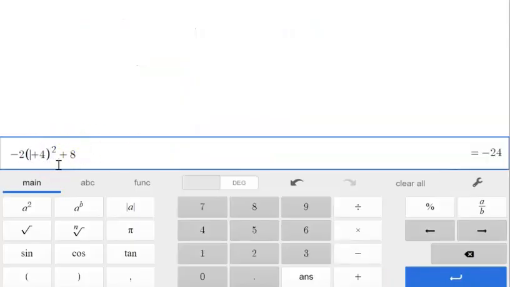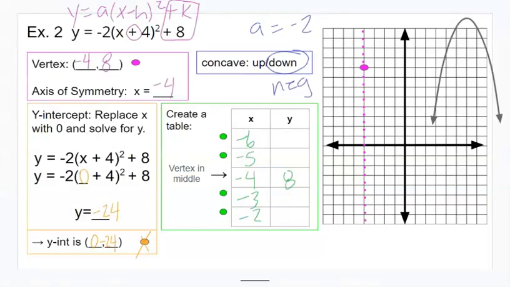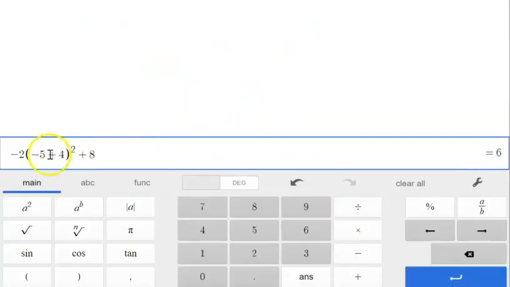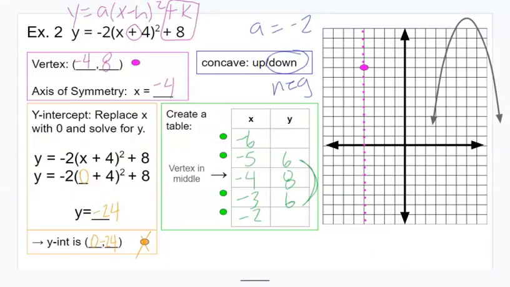So I can put negative 5 here, and we get 6 for the value. So negative 5 will be 6, and negative 3 will also be 6. That's symmetry. And then we can replace x with negative 6, and we get 0. So negative 6 will be 0, and negative 2 will be 0.